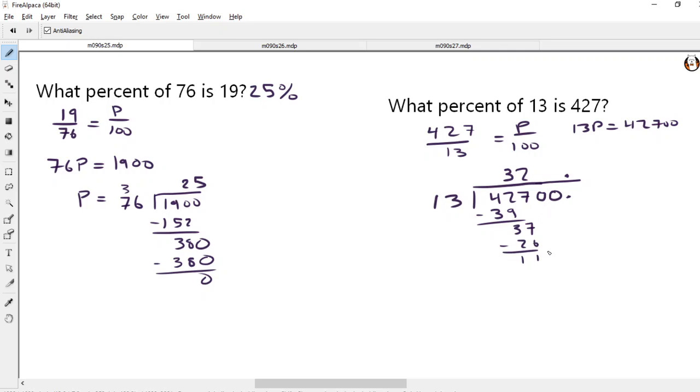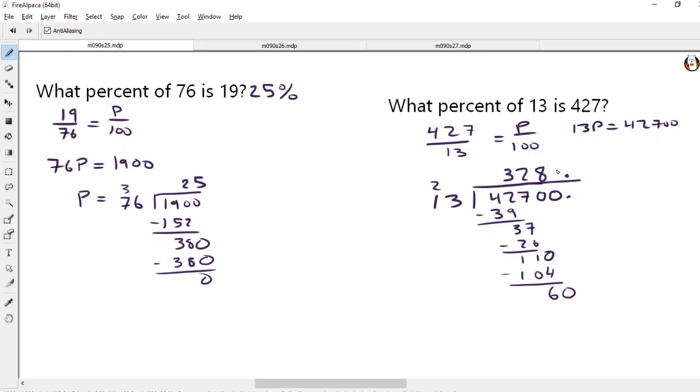Oh geez, 9 times, I think. No, 8. 24. Yep, 104. So that's 6. 60 goes into 60.